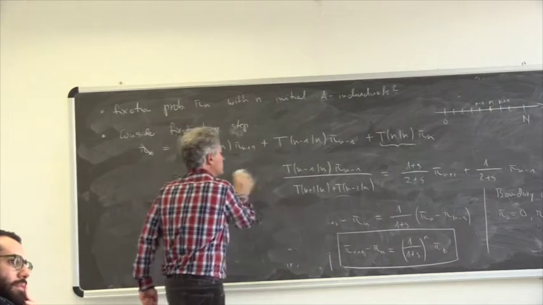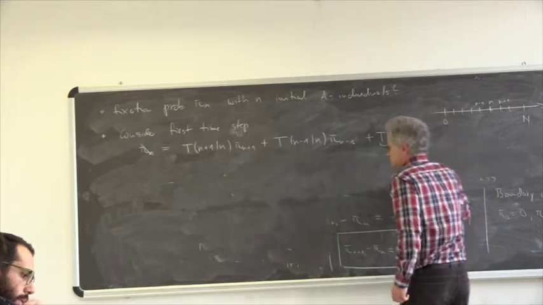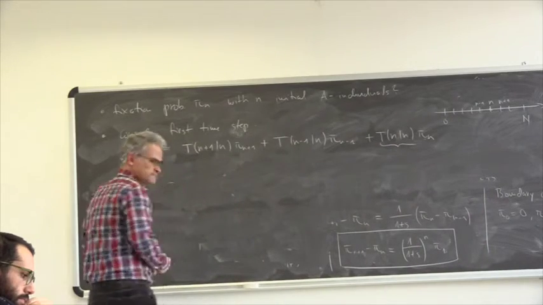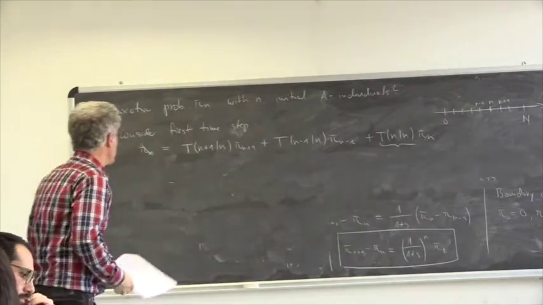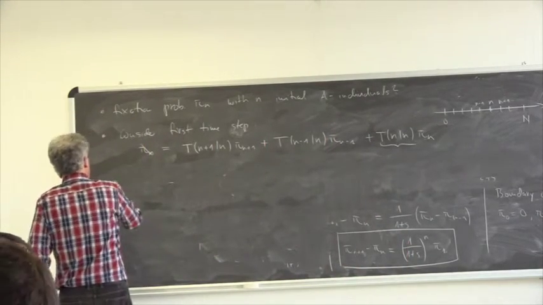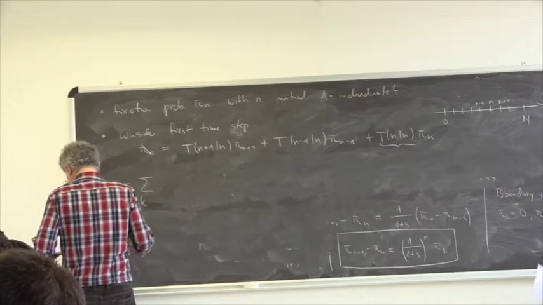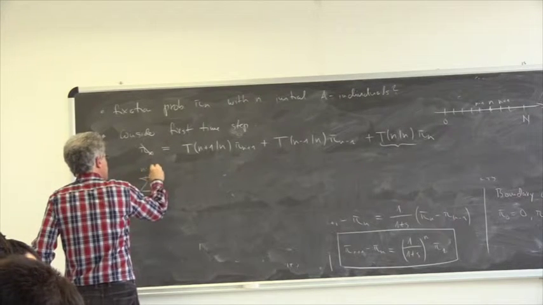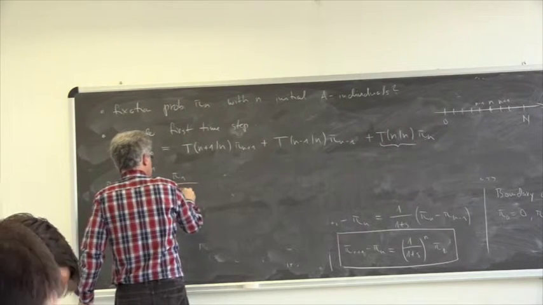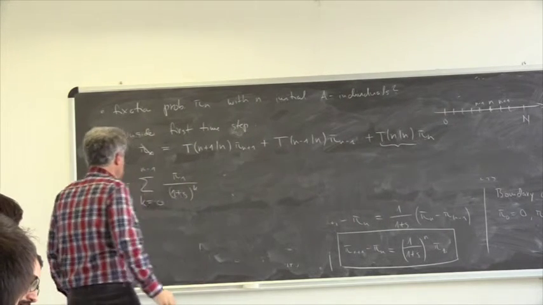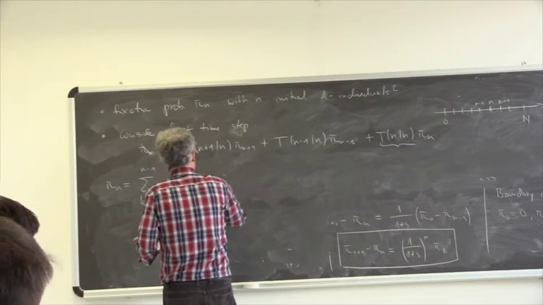And so this will just give me a geometric series. Is it clear? Okay, so pi n is just the sum of these differences, right? And so this geometric sum I can just do.